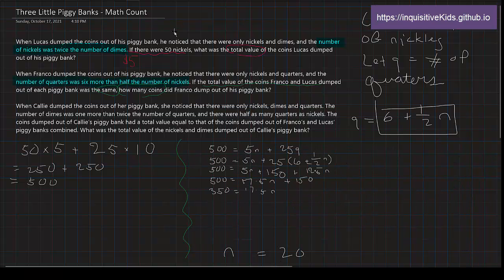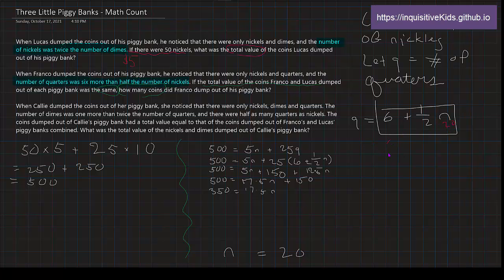So now that we know that n equals 20, let's find Q. So up here, I'm just going to write n is equal to 20. And what is Q then?